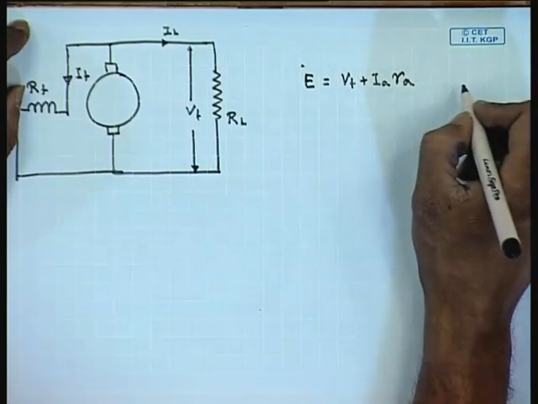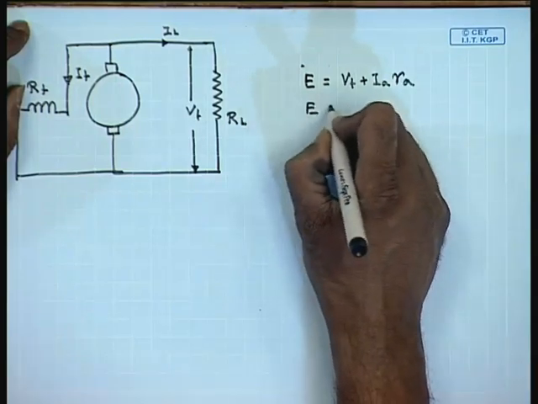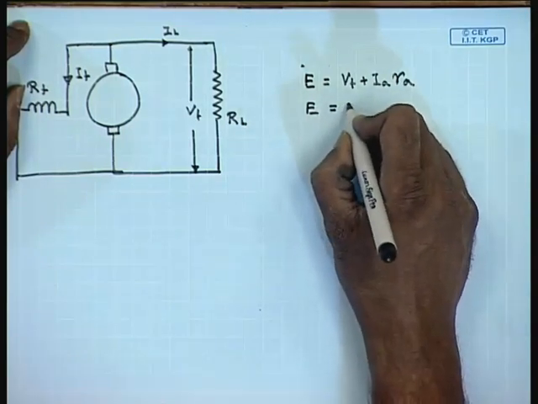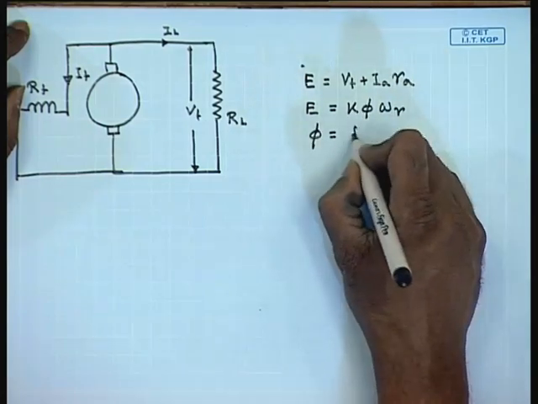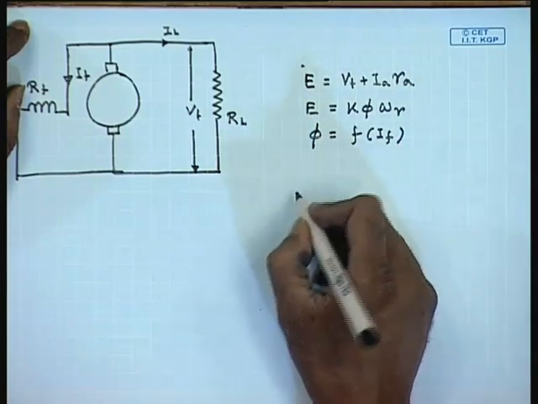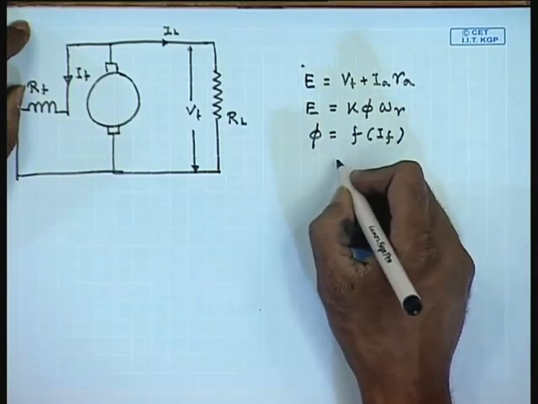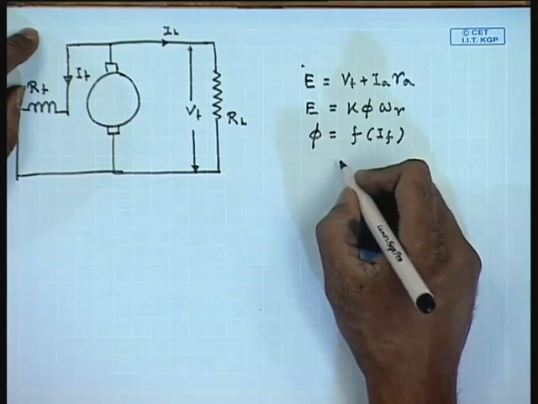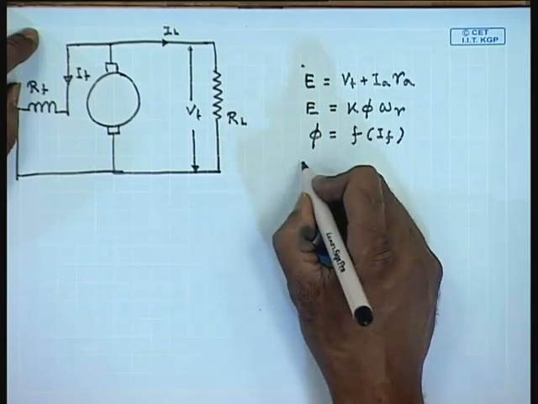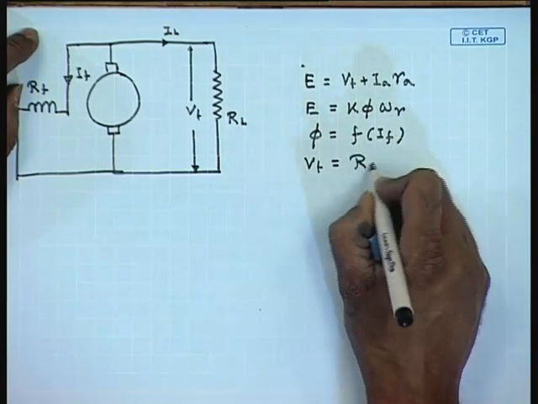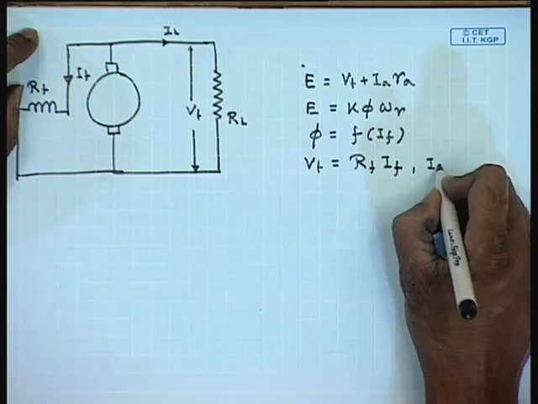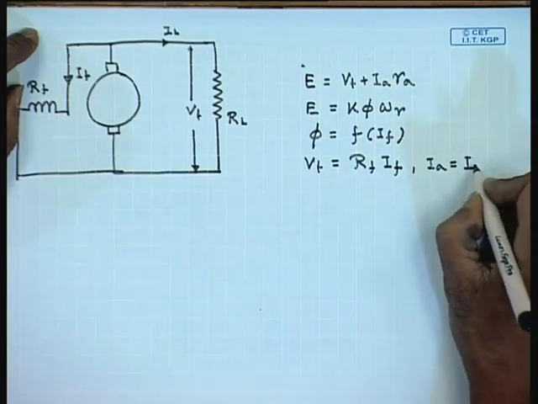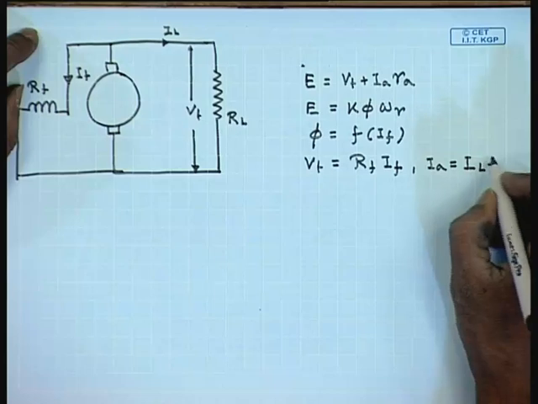If we neglect the brush contact drop, E equal to k phi omega r, phi equal to some nonlinear function of If. Also Vt equal to Rf If and Ia equal to IL plus If.